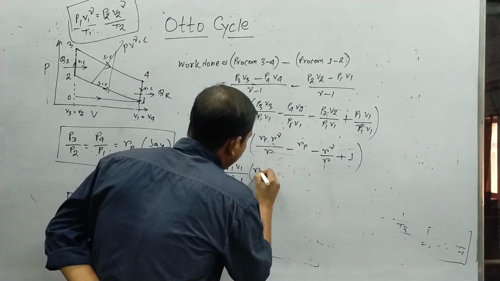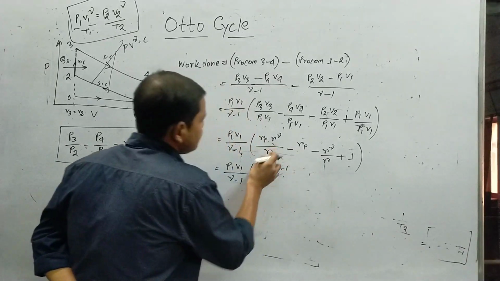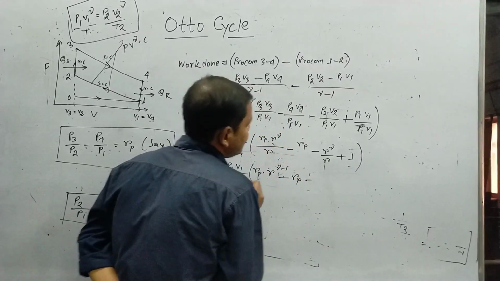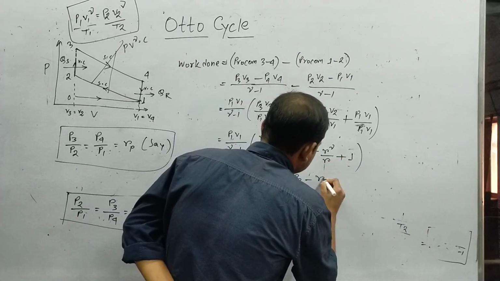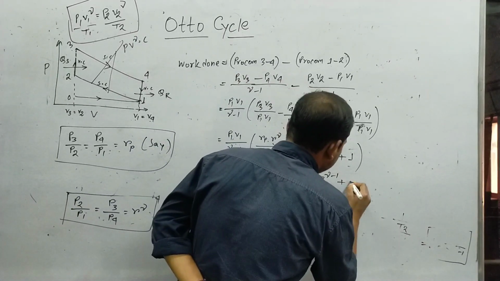So RP into R to the power gamma minus 1, we can write this easily minus RP, and this will again become gamma minus 1, R to the power gamma minus 1 plus 1.